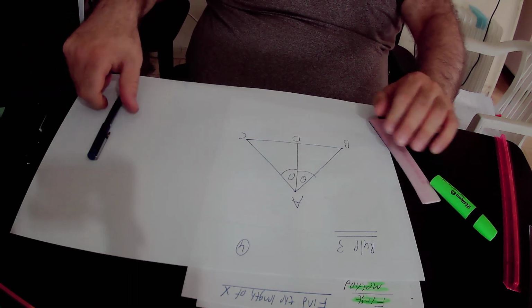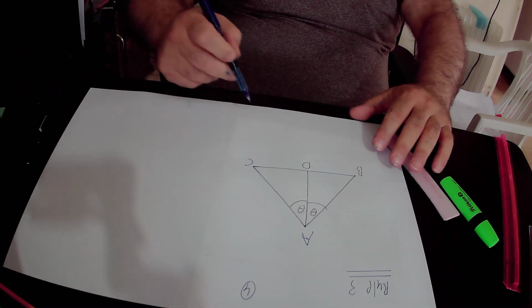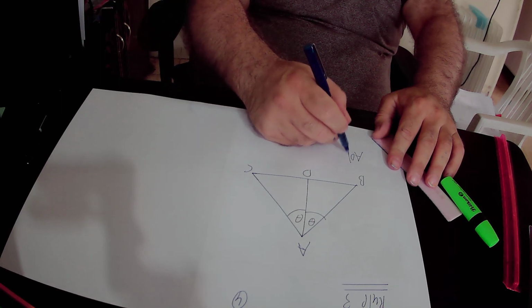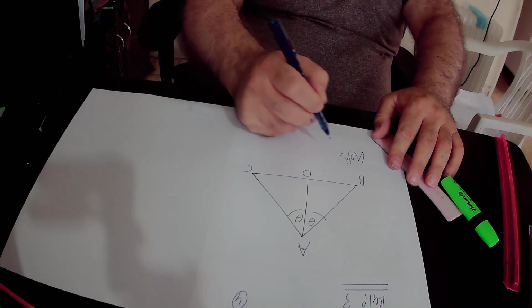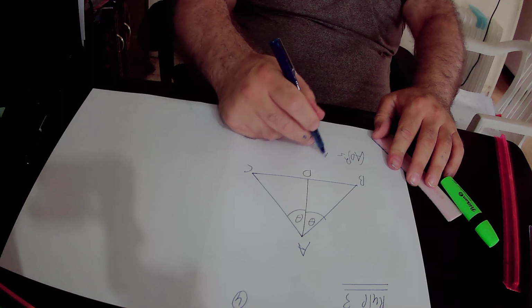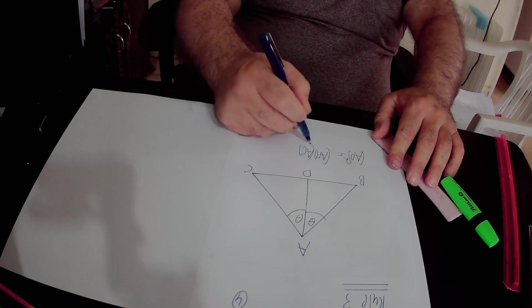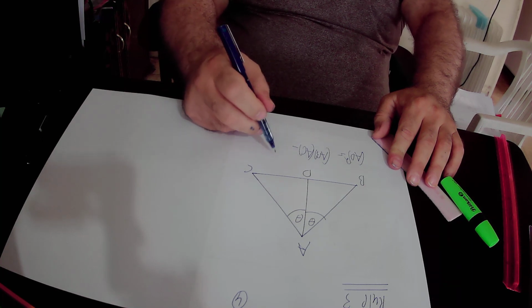And according to rule number 3, we'll get that AD squared equals AB times AC minus BD times DC.